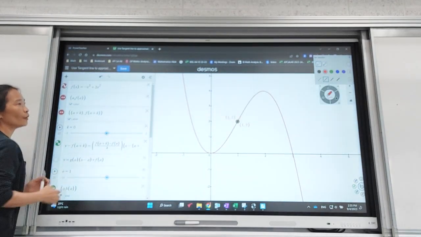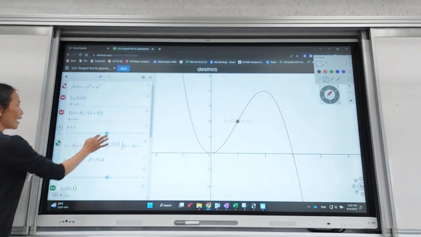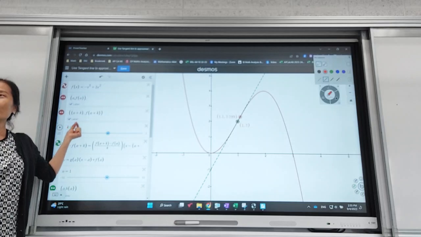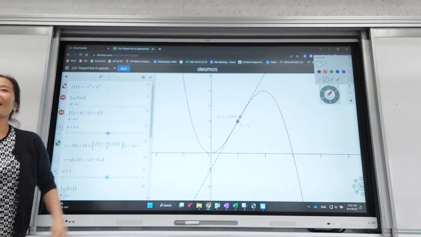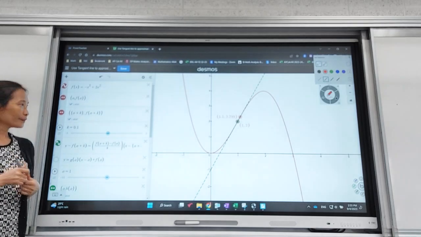When h is 0, there is no denominator. So you have to have just a little bit. We could make it 0.000001, so that's why h goes to 0.